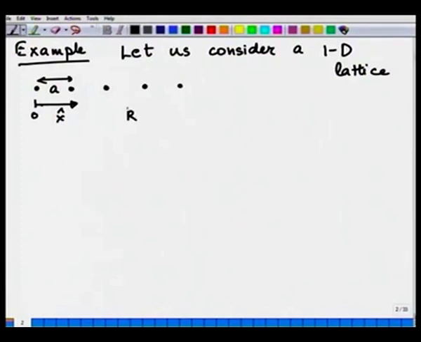I can write this lattice vector as n times a vector, which is the same thing as n times a x hat, meaning the lattice vector is simply equal to a x hat. So a is the periodicity of this.